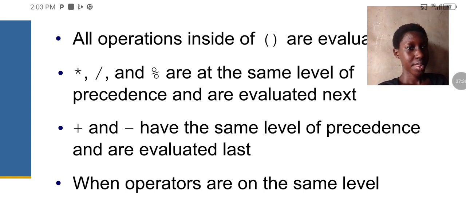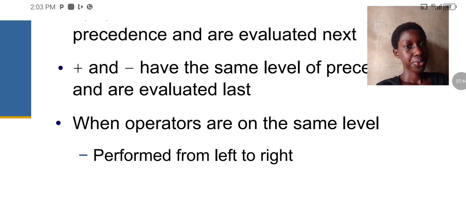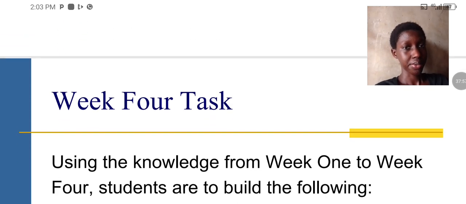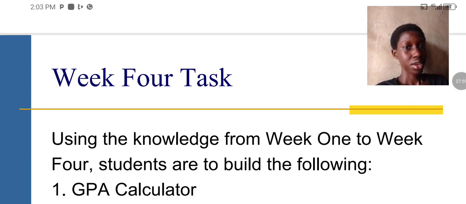They have the same level of precedence and are evaluated last. Now when operators are on the same level, they are performed from left to right, right? So we start from left to right.